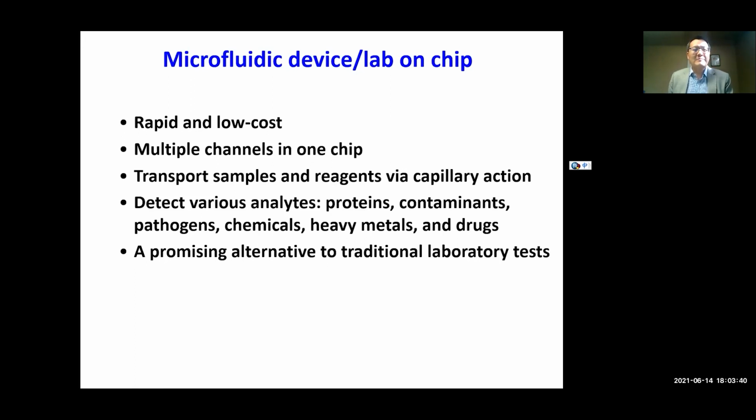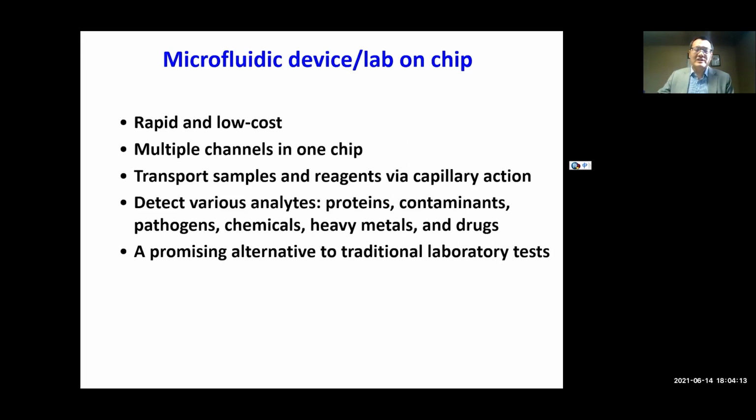First of all, they are rapid, low cost, can use multiple channels in one chip, and transport the samples or reagents via capillary action, and can also detect different compounds, for example, proteins, contaminants, pathogens, chemicals, heavy metals, and also drugs. With these advantages, microfluidic devices are a promising alternative to traditional laboratory tests.